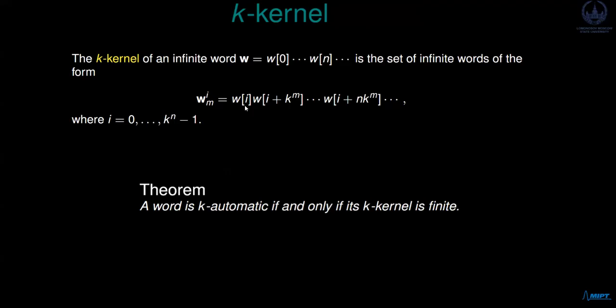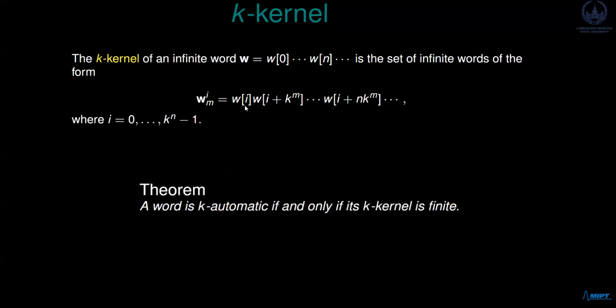A word is k-automatic if and only if its k-kernel is finite. This means that for a k-automatic word, even though the word itself may be infinite, the number of distinct words that can be formed through this process of sampling at regular intervals is finite.